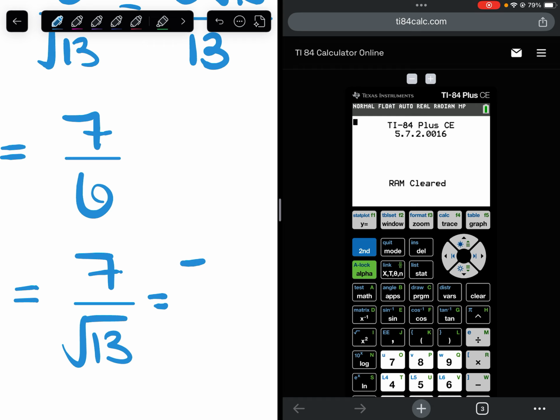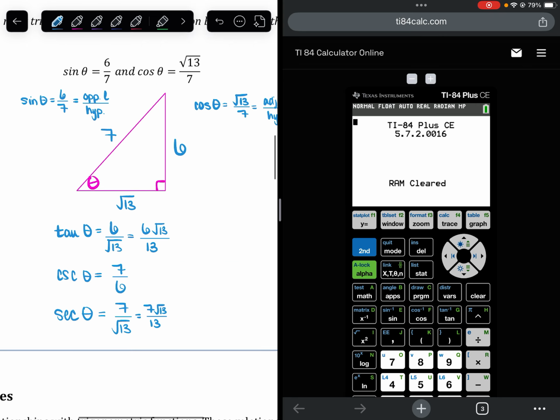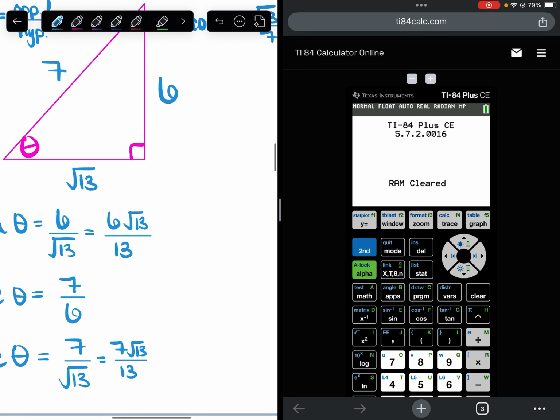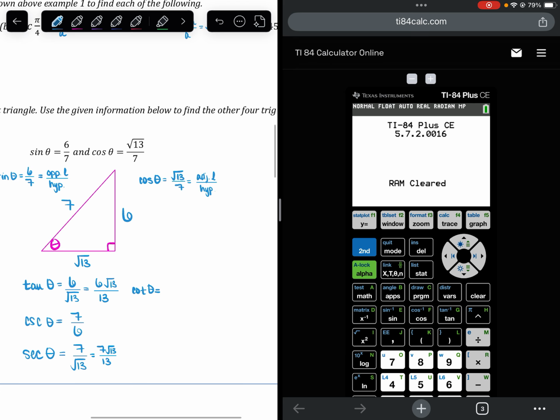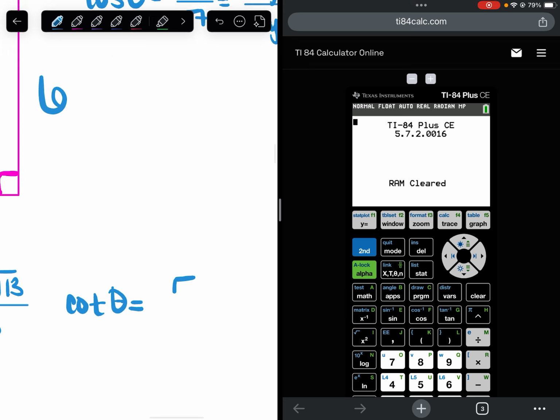Again, move it up, drop it on the bottom. And then we have cotangent. Cotangent is the reciprocal of tangent, so it does the legs in reversed order. So adjacent leg, square root of 13, over opposite leg, 6.